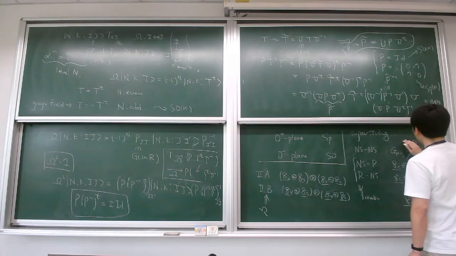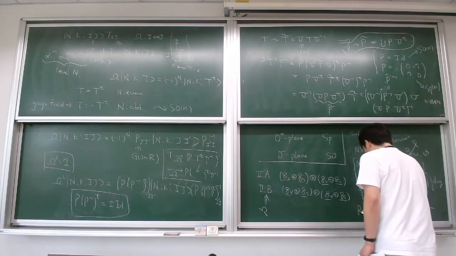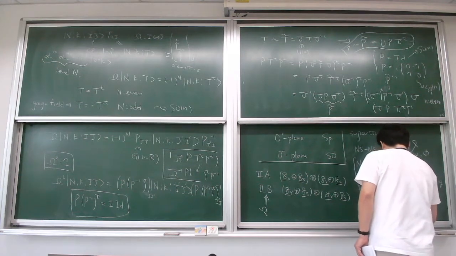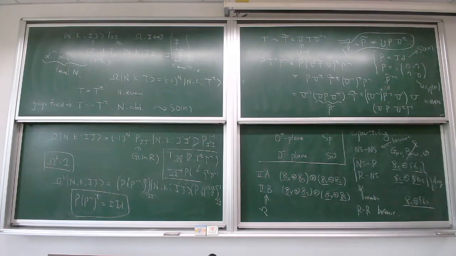This one is bosonic, and also RR is also bosonic. So supersymmetry requires the number of bosonic states and fermionic states to be the same.